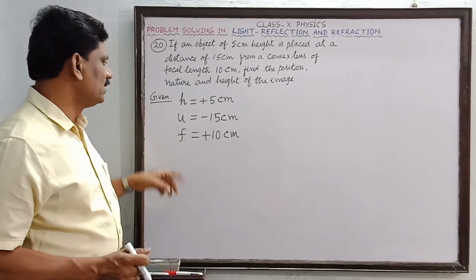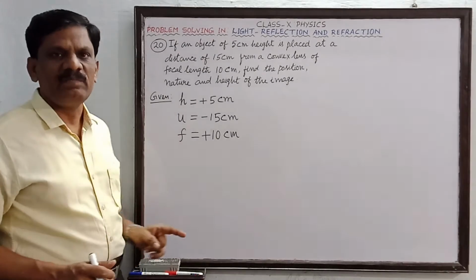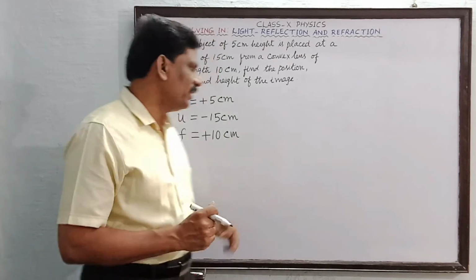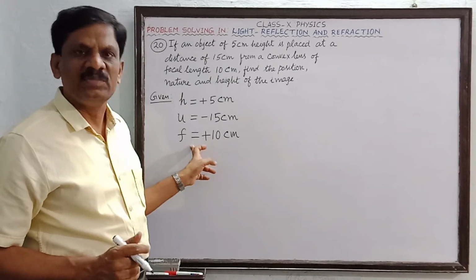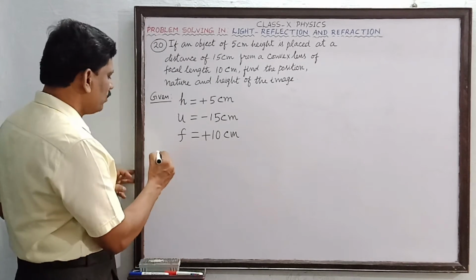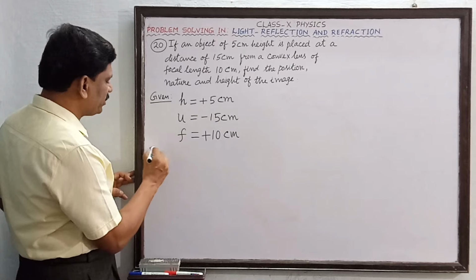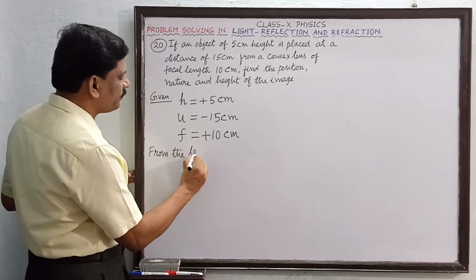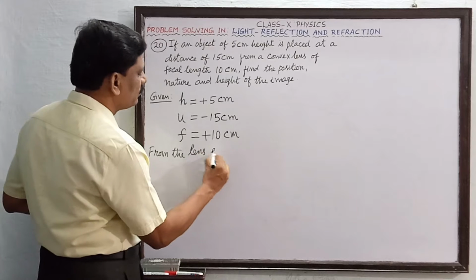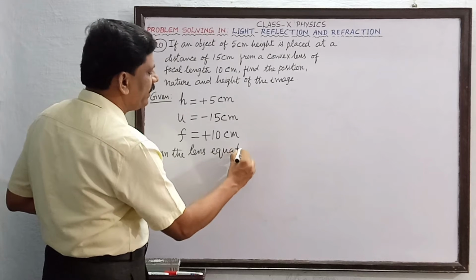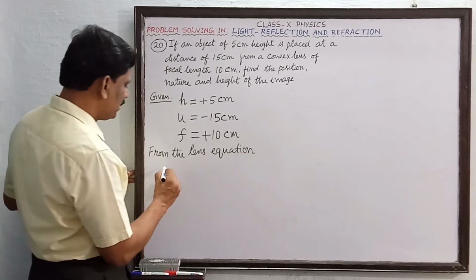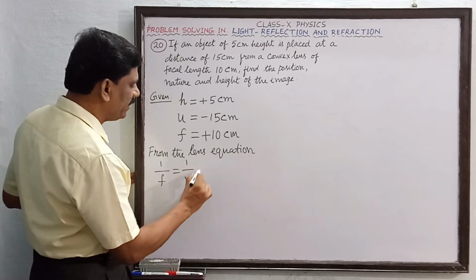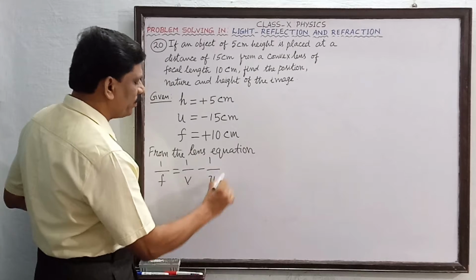Then from u and f, by using the lens formula, we can derive the expression for the image position. Okay students, what is the lens equation to be written? 1 by f is equal to 1 by v minus 1 by u.